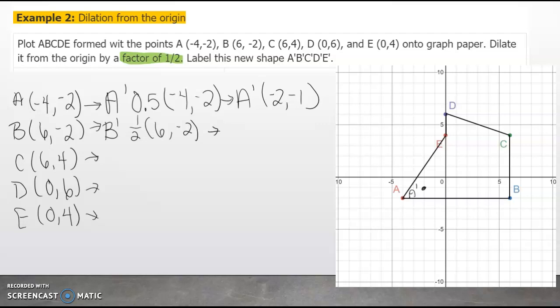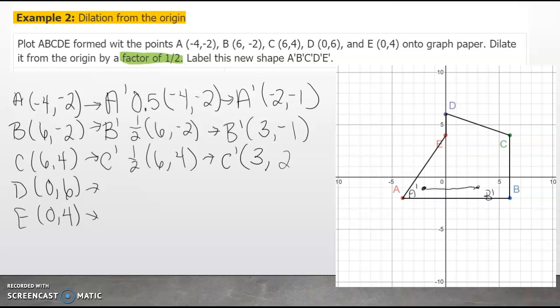Take half of 6, which is 3, and half of negative 2 is negative 1. So we'll go over 3 and down 1 to get B prime. C prime, take half of 6 and 4. Half of 6 is 3, half of 4 is 2. So C prime would be at 3, 2.